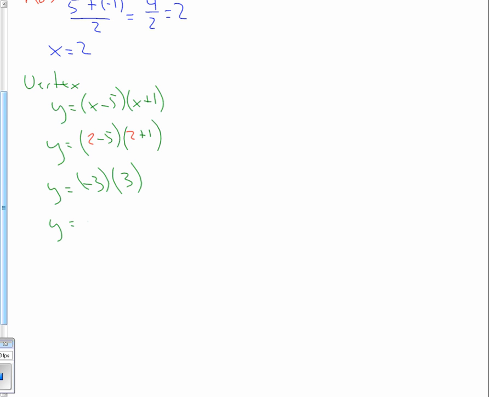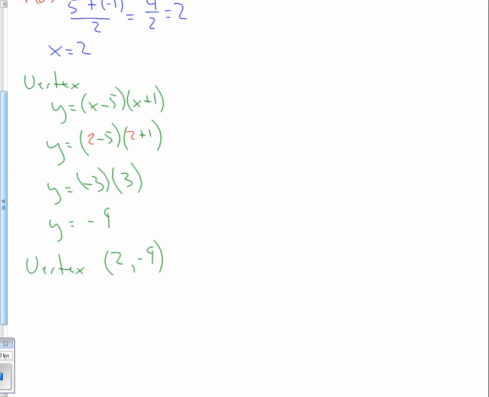So y is actually going to equal negative 9. That tells me my vertex is at (2, -9). The x-coordinate is 2, the y-coordinate is negative 9.